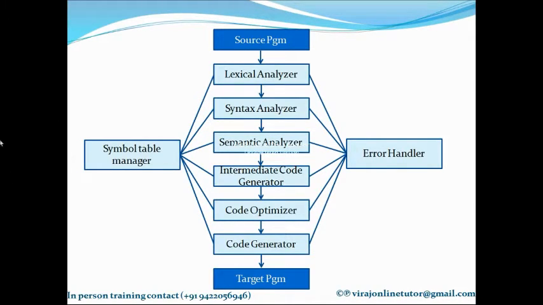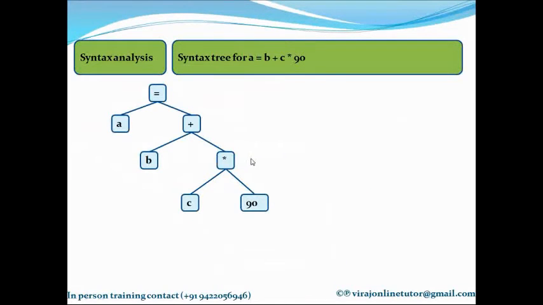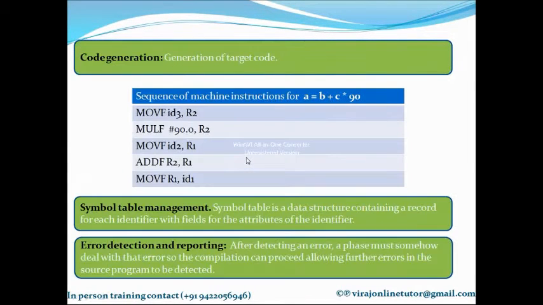Okay, so now let's move on to the symbol table management slide. Here it is. So the symbol table is nothing but a data structure containing a record for each identifier. When your compiler finds different identifiers in your source program, they have to be recorded somewhere, right?